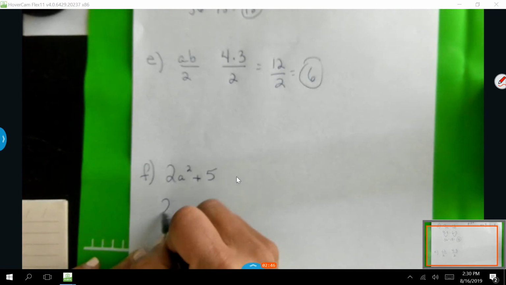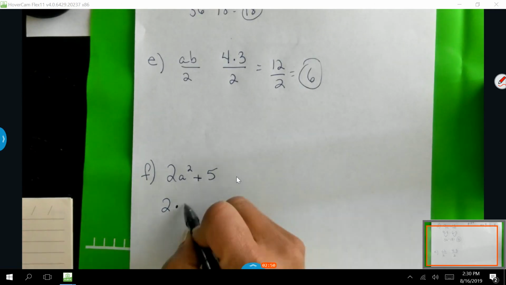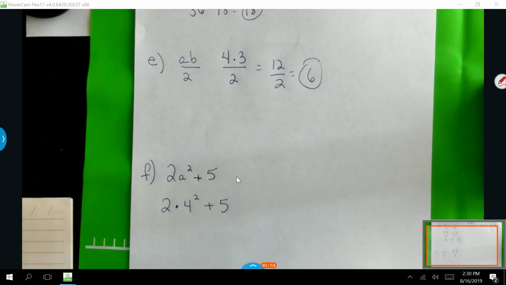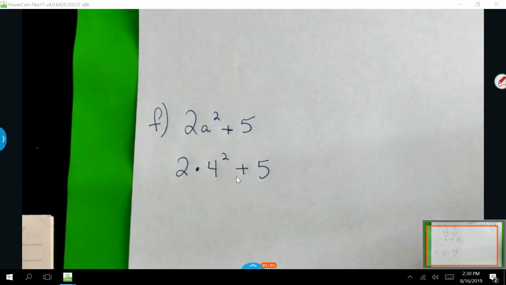So this means 2 times, and I want you to keep these separated, 4 to the second power plus 5. Exponents, I've told you before, they are very, very specific. So in the order of operations, there are no grouping symbols here, so we go on to exponents. The exponent only goes to the 4 squared.